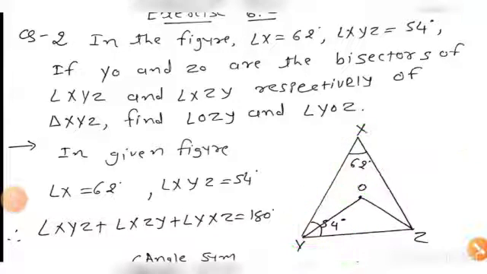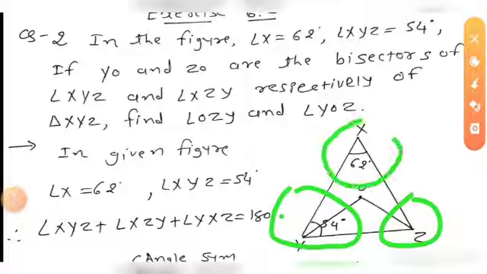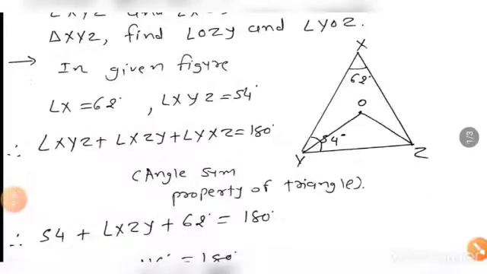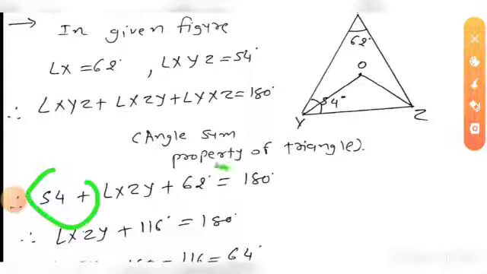Then by using the property of the triangle, angle xyz plus angle xzy plus angle yxz, which is 62, we put these values in the angle sum property of the triangle. I put the appropriate angles which I suggested in the figure.